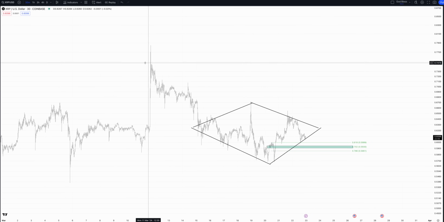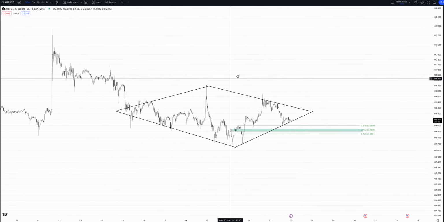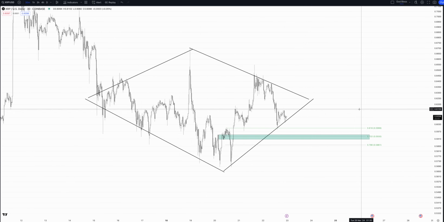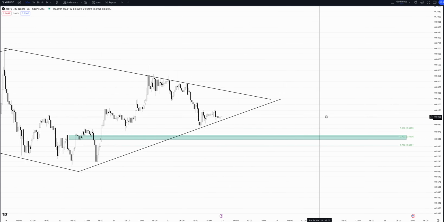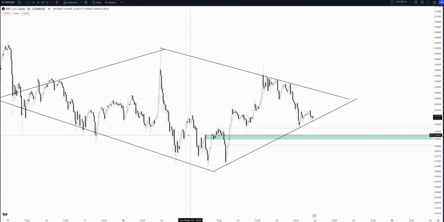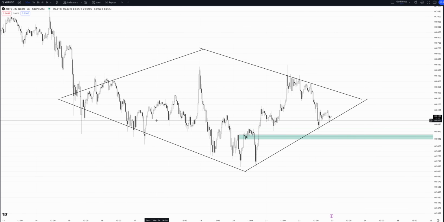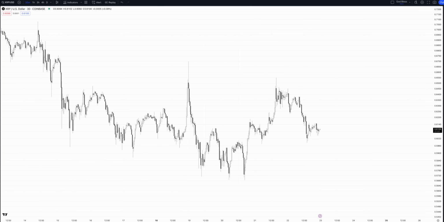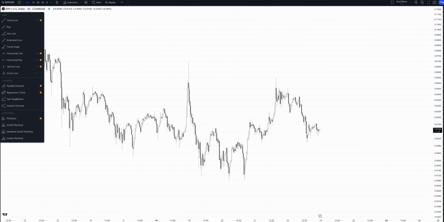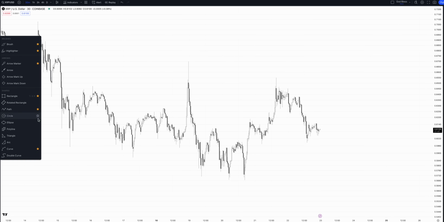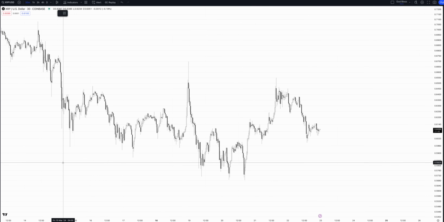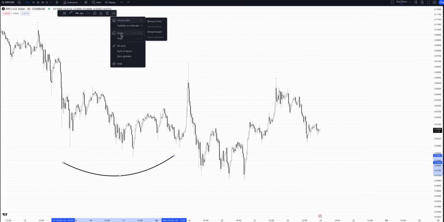What do we also see over here? We see a possible inverted head and shoulders pattern. So this over here would be your left shoulder. Then you have your head.